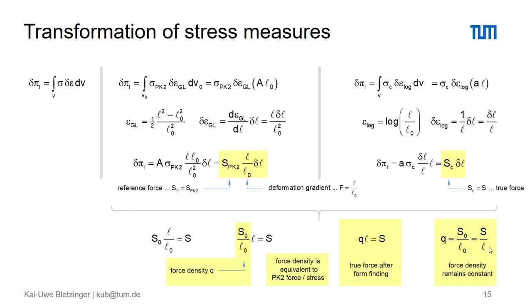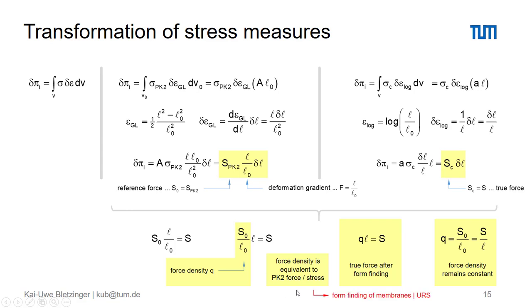And furthermore, coming back to what we see here, the force density is indeed equivalent to the Piola-Kirchhoff force of second kind, or respectively the stress, if we come back to the definition of the force as cross-section times stress.